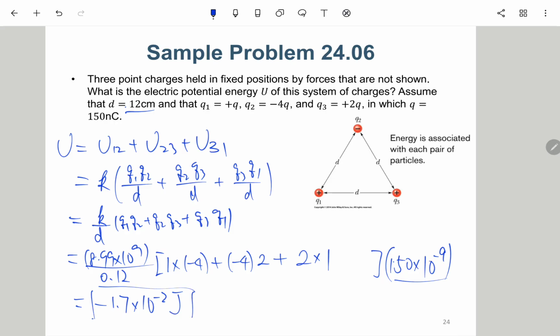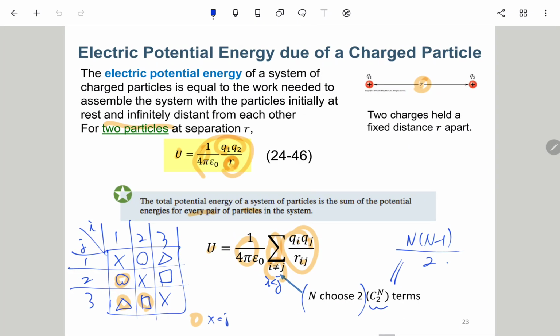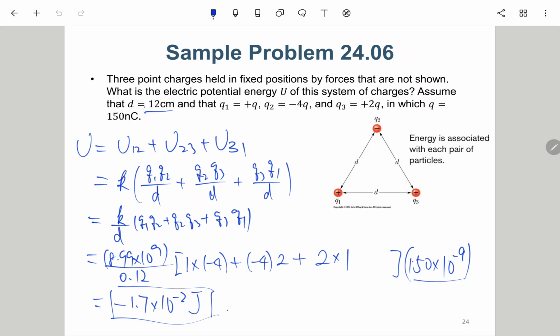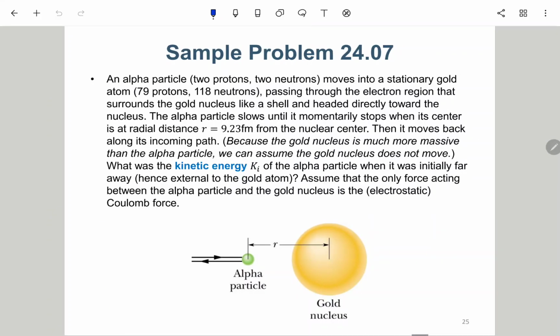Okay, so joule is the SI unit for the energy. Okay, so this is quite easy. Just let you know how to make use of this formula to calculate the total electric potential energy stored in the multiple charge system.